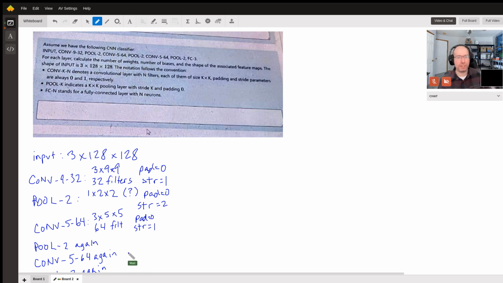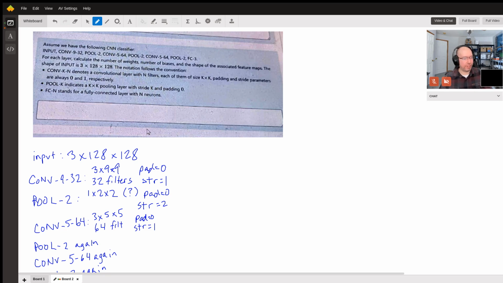Now, the only thing I need to look up for this, I think, is that for a convolutional layer, we don't really talk about the biases, because you don't often talk about that too much. I'm not sure if the convolutional layer is assumed to have them.